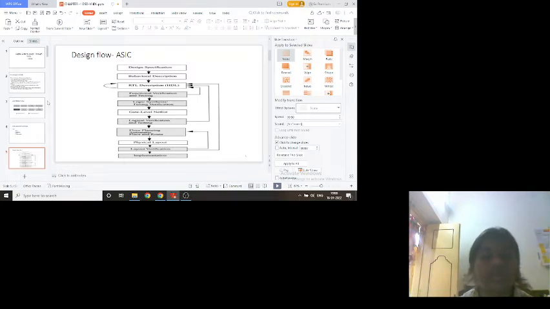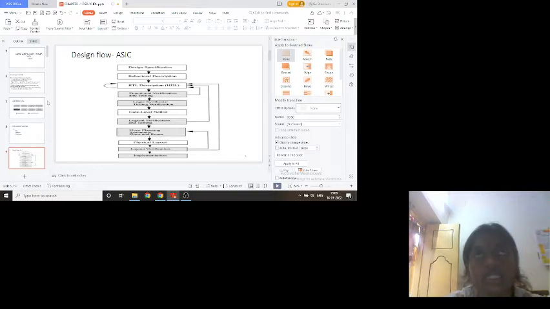This step I also call RTL simulation, or circuit simulation. Here the functionality of the circuit, system or architecture which we have written in HDL will be tested with suitable inputs.